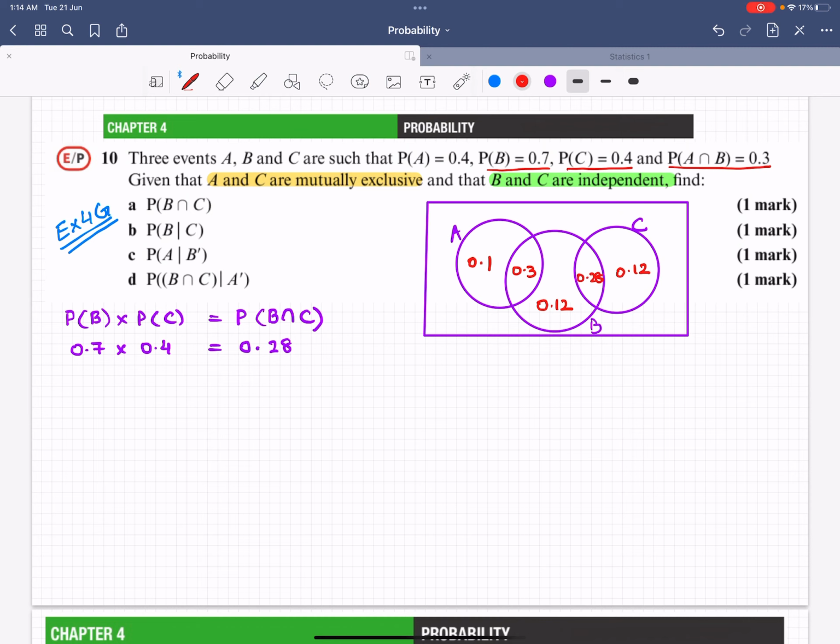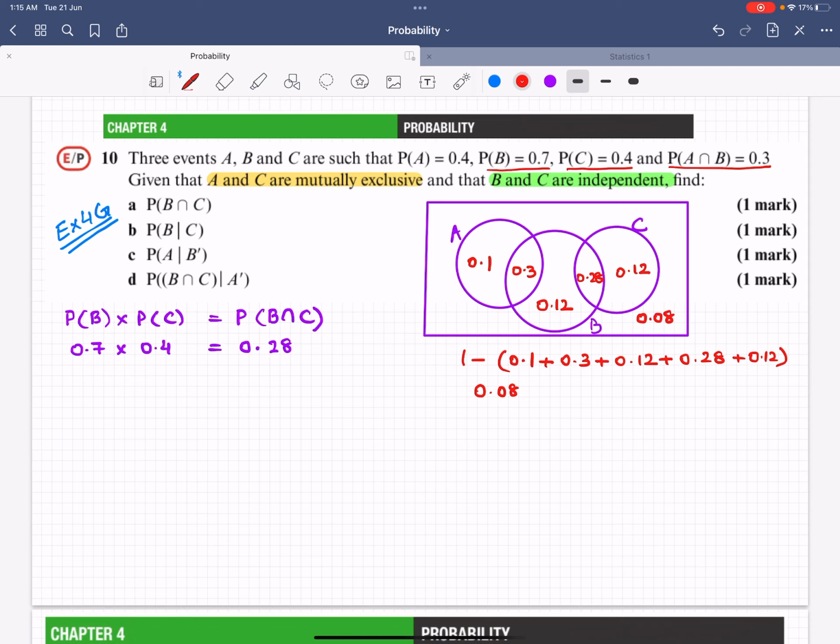Therefore, by subtracting the known probabilities from 1, known probabilities are 0.1, 0.3, 0.12, 0.28, and 0.12, we get the answer as 0.08. So the probability outside the three sets is 0.08.